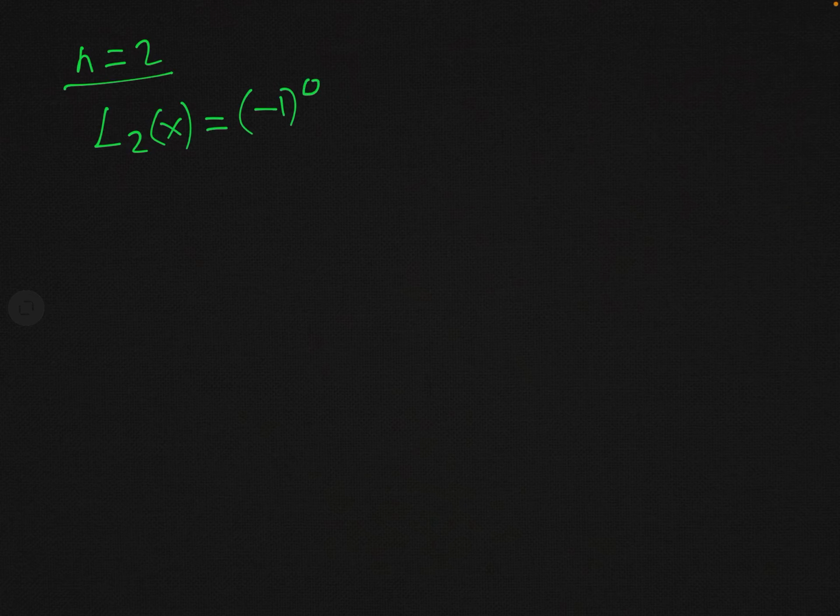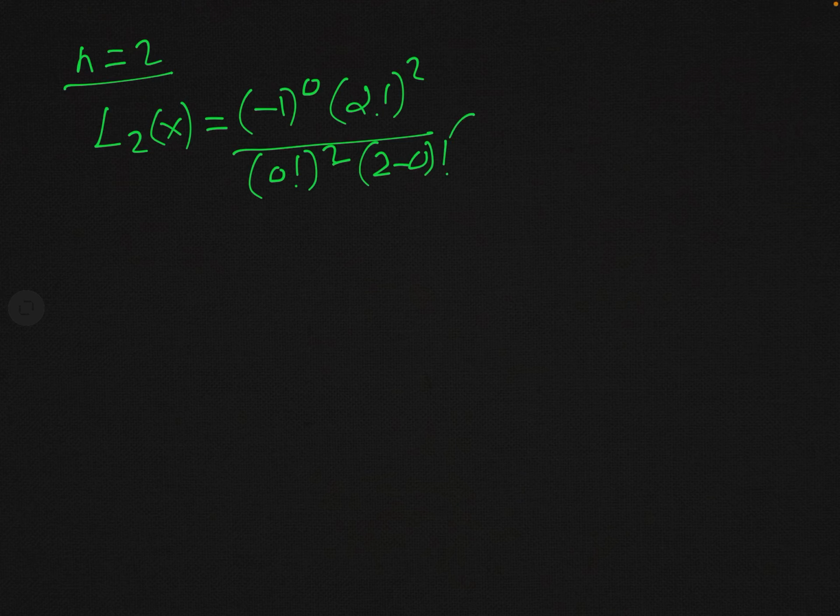K will be taken 0 in the first term. N factorial square, N is here 2, so this is 2 factorial square over k factorial square. In the first term k is 0, so 0 factorial square, and n minus k, 2 minus 0 factorial, and x raised to the power k.